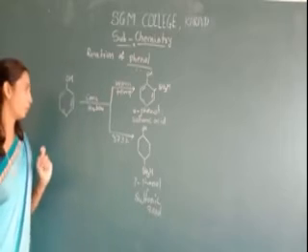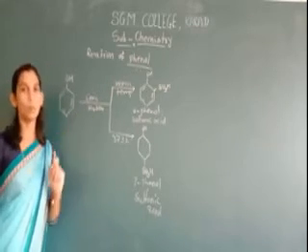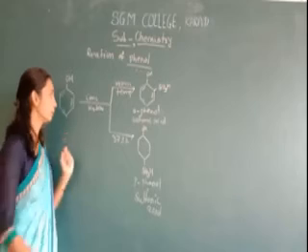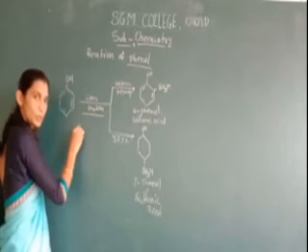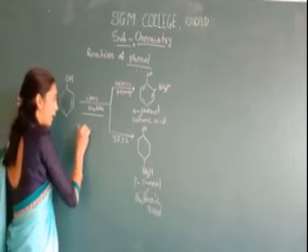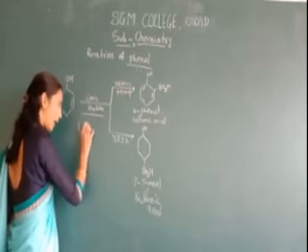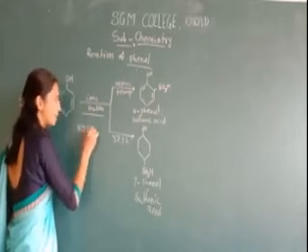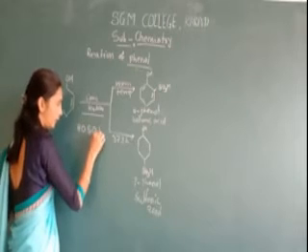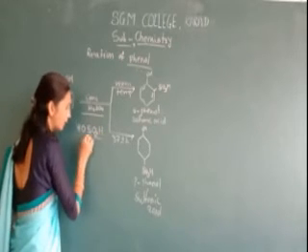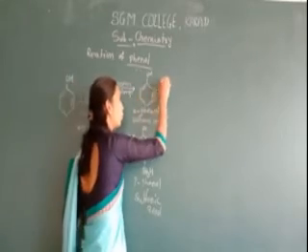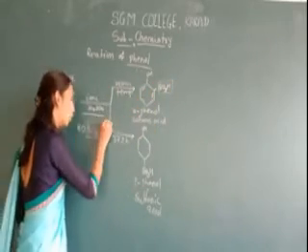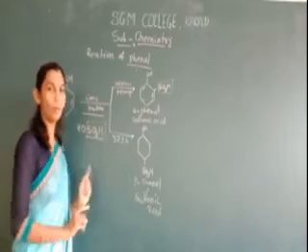Now what happened to this H2SO4? If we write it by simplification, that means HO-SO3H. Why do we write this SO3H? Because this group attaches to our phenol ring.